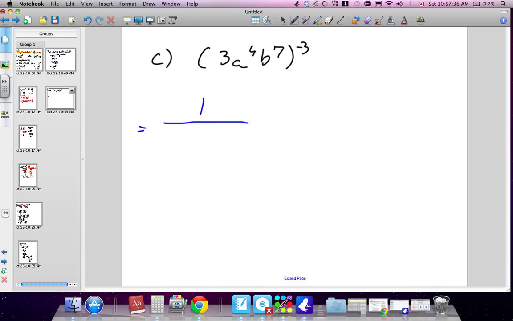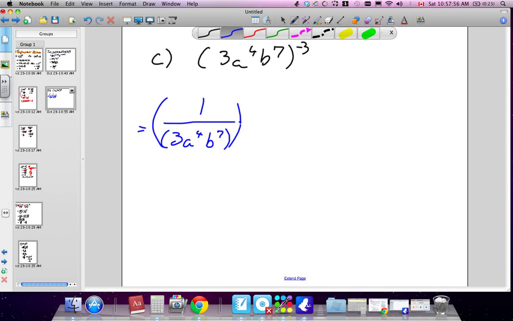So if I were to flip that all, I got all of those numbers, 3, a to the 4, b to the 7th. And remember, this is to the power of 3, right? But technically, this is to the outside. So really what it says is both of these numbers, to the power of 3. The only thing is, when I put the top number to the power of 3, is it going to change anything?